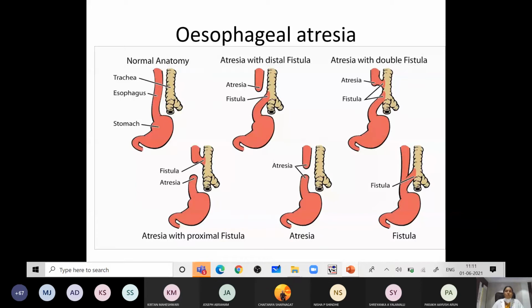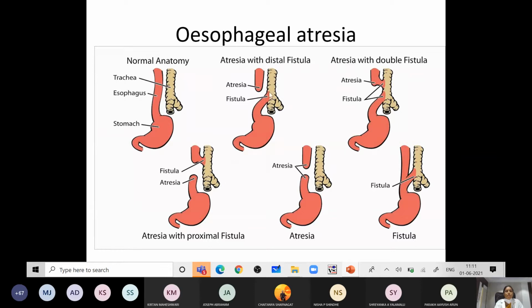Now, there are some anomalies associated with the development of the esophagus. Normally you can see here, this is the trachea and this is the esophagus. The septum would have separated, and the two tubes are distinct, separate from each other. But at times the anterior part of that gut tube will undergo atresia.